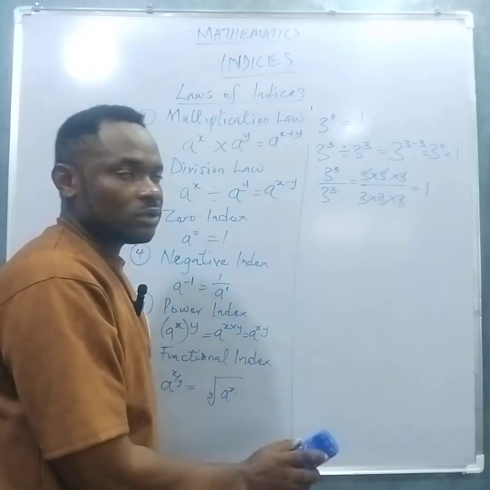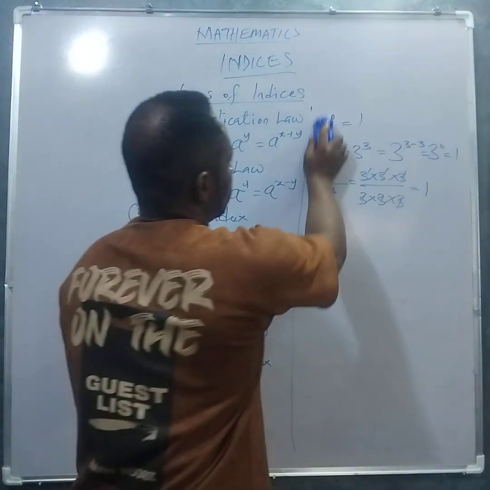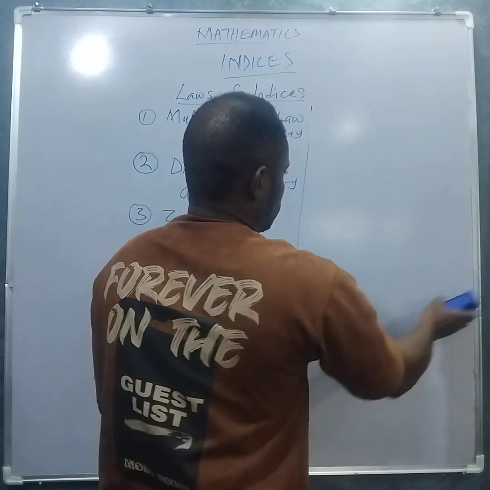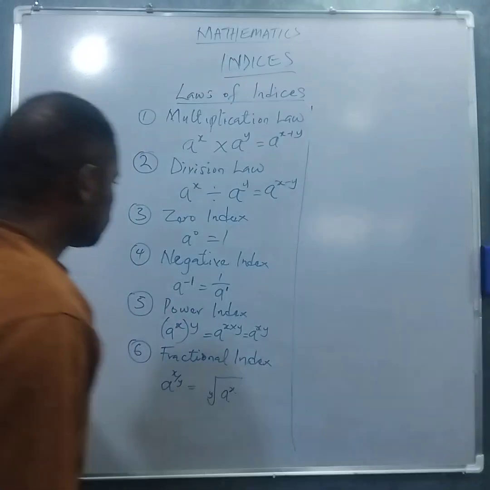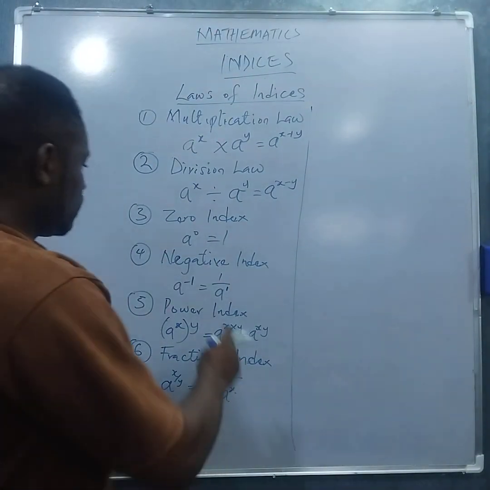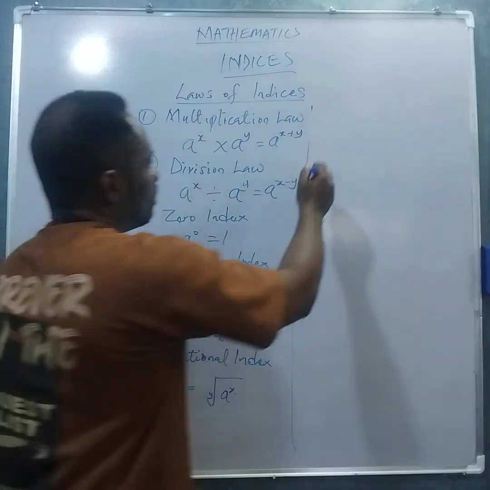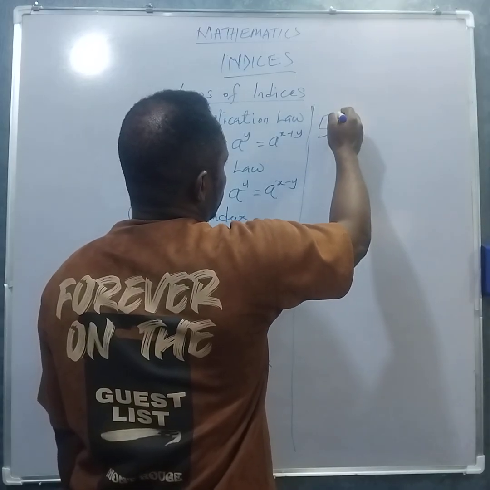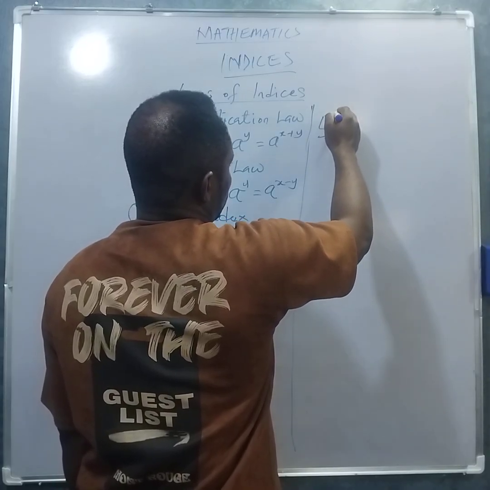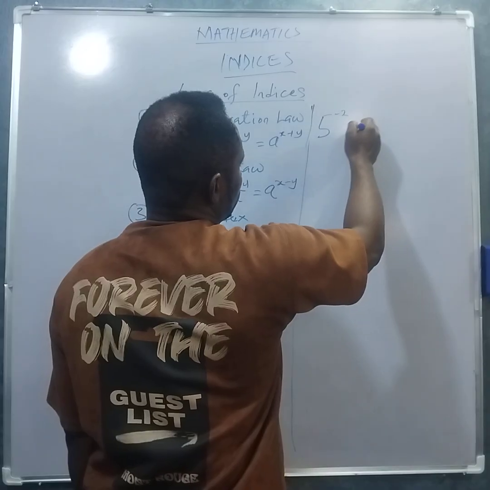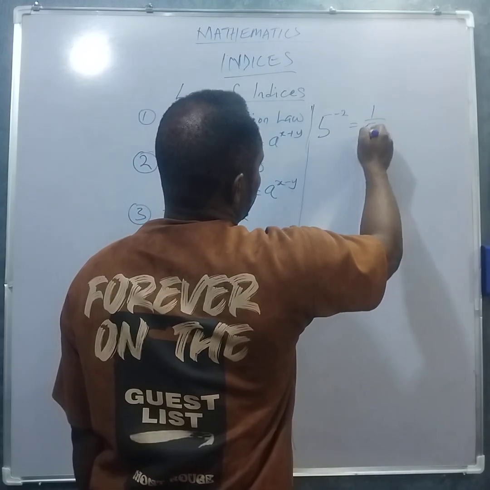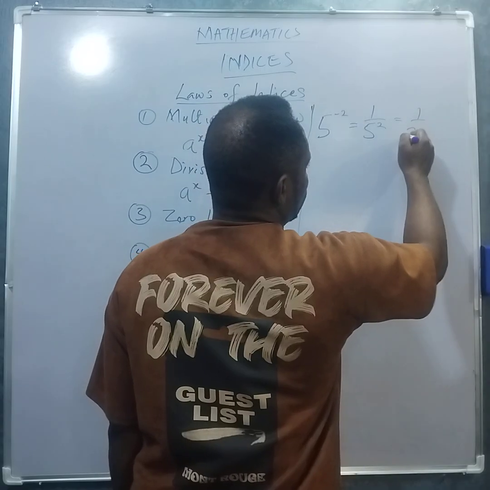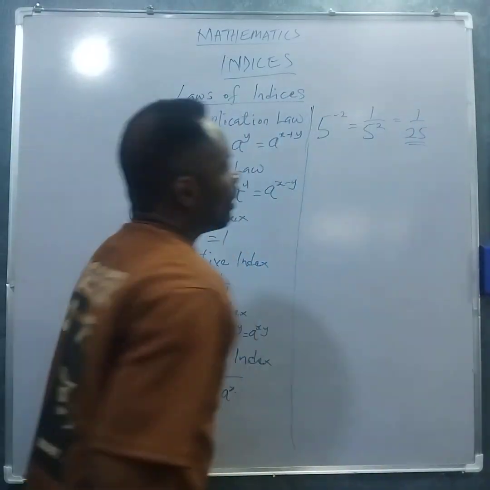I hope it's understood. Let's look at negative index. When you have 5 raised to power minus 2, it is 1 over 5 raised to power 2, which is equal to 1 over 25. This is the answer.